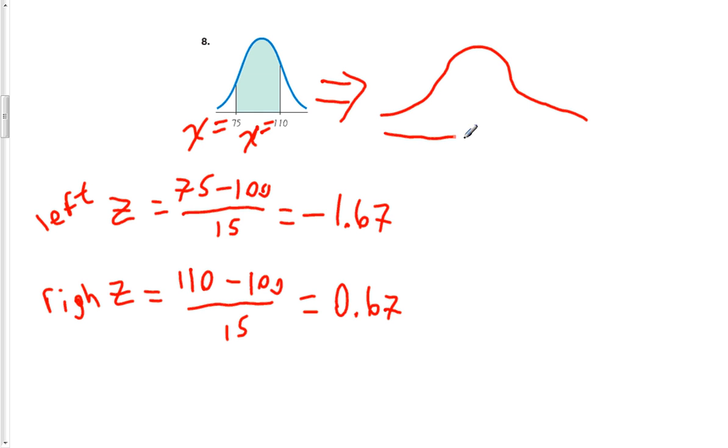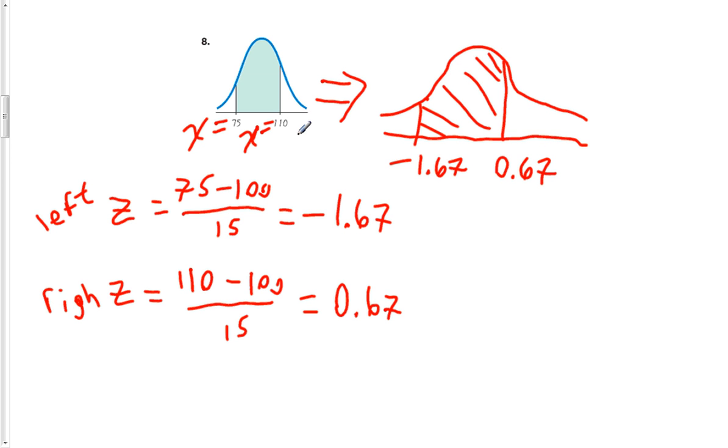Here's a picture. We have on the left side negative 1.67, and on the right side we have 0.67, and the area between these two corresponds to the area between 75 and 100 in the non-standard.